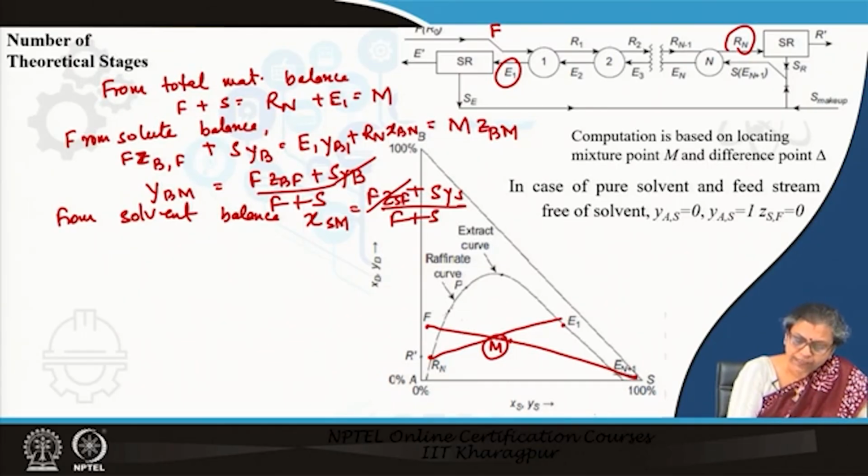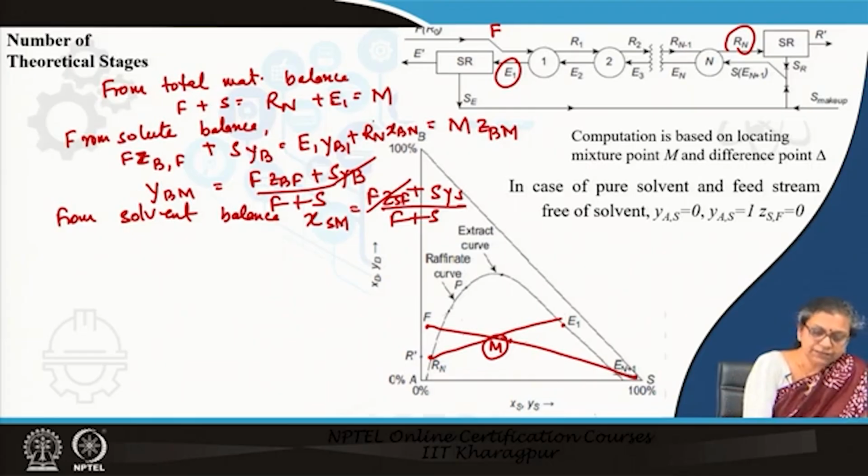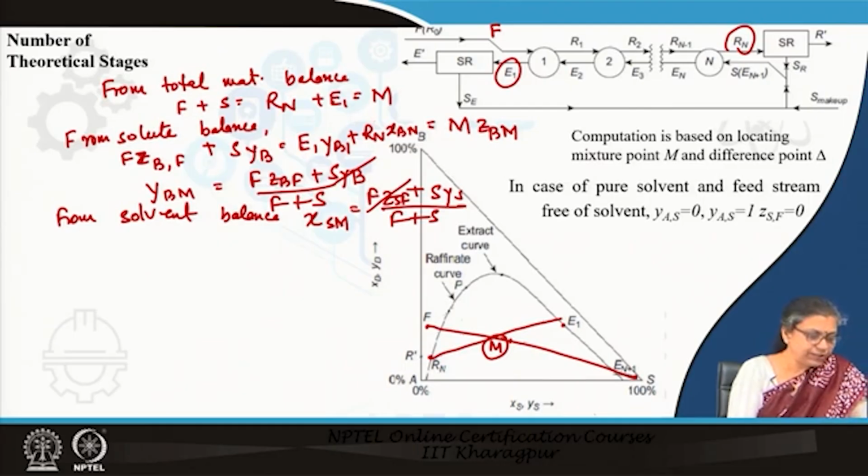So, therefore, we know that M also lies on the E1 Rn line as well. Now, we can just rearrange the total material balance and the solvent material balance equations. How do I rearrange it?